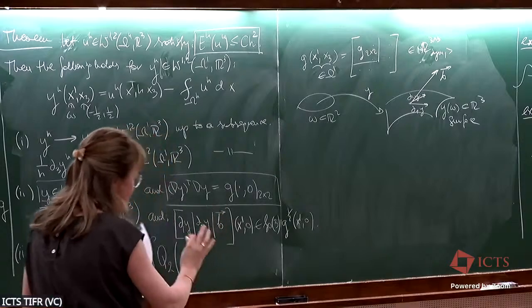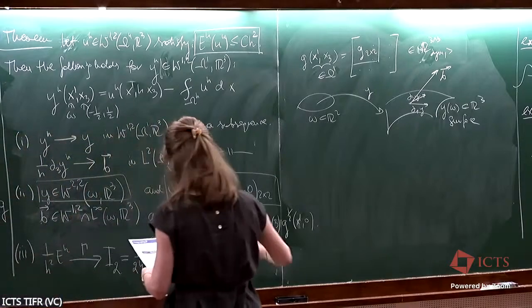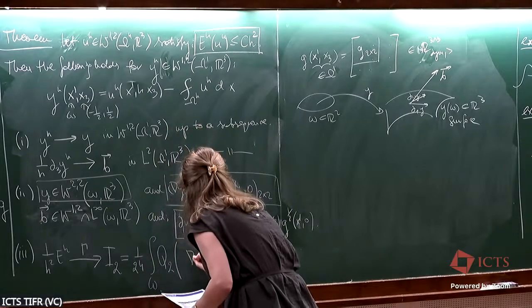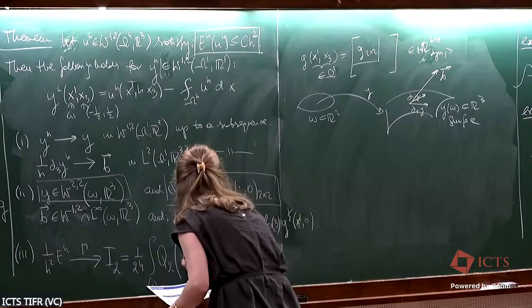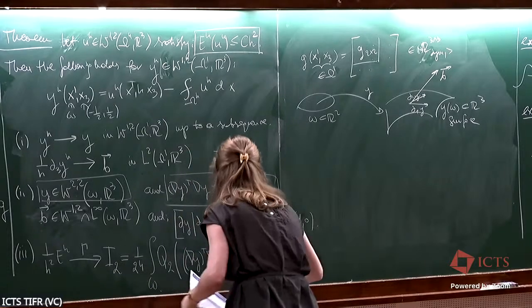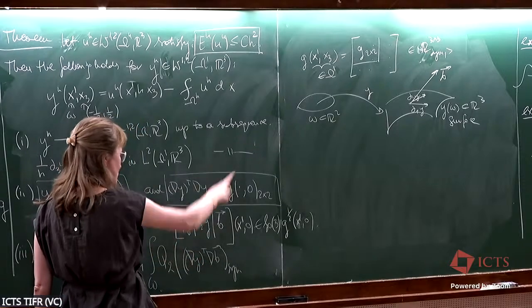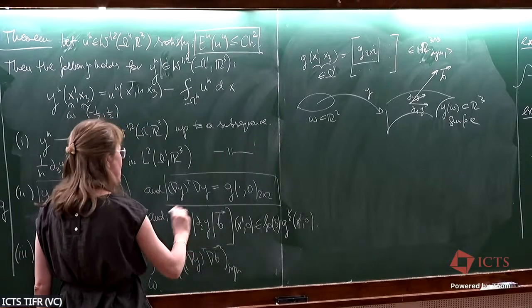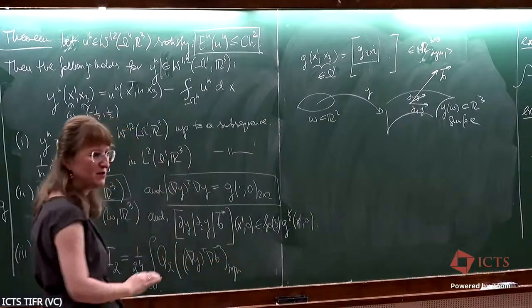You can think that this is like the norm squared. The important thing is, what does it act on? It acts on the symmetric part of gradient y transpose gradient b. This is like the second fundamental form of the surface y with respect to the ambient metric G, in which the normal vector is given by B.